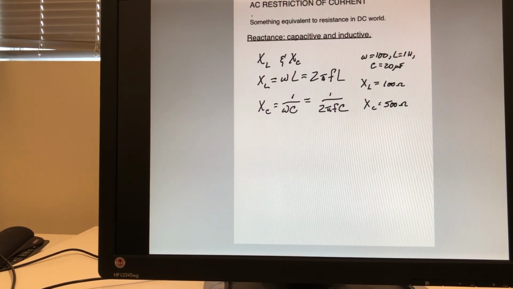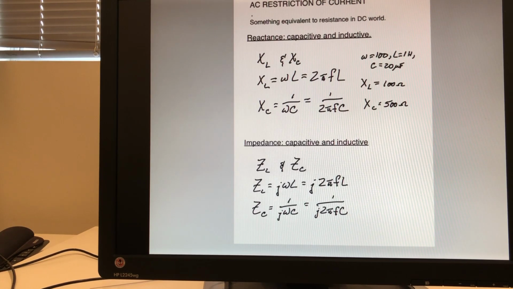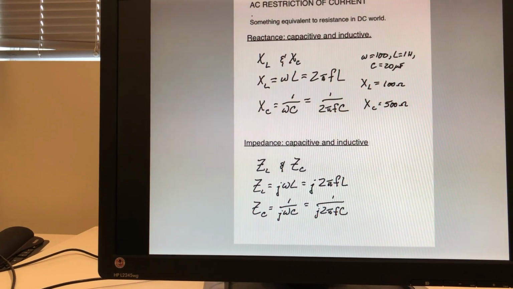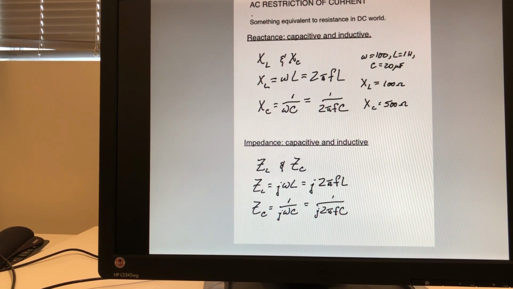There is another quantity that has to do with the restriction of current, and it is called impedance, and that is capacitive and inductive again. Once again, I will say that this is my definition, and I have to tell you that I was trained in the early 60s a little differently from what people see in textbooks these days, and as a result I've never been able to fully recover.